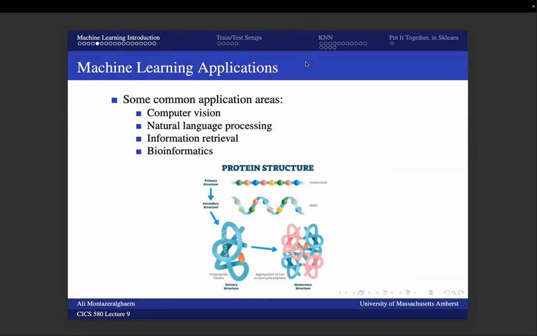For example, if you get a sequence of a protein and you want to predict something about the next things in the protein, you can use machine learning for that. I just want to mention that machine learning is a broad area that can be applied in any field, not only computer science, but also other fields.